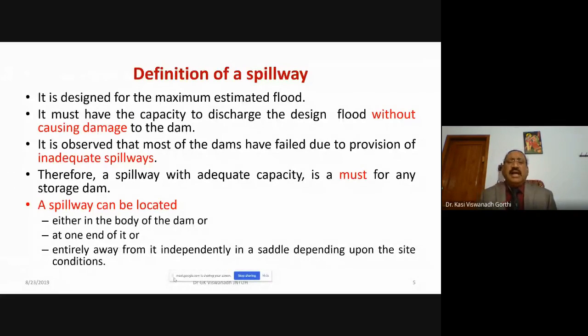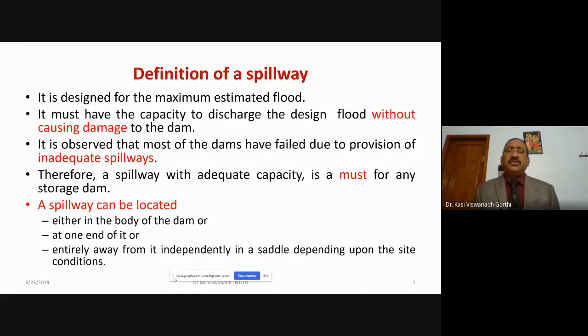So a rough estimate can always be taken up by studies based on the past history of the flood in that area, because as a water resources engineer, we always presume that there will be reoccurrence of the events. Say a maximum flood event occurred once during the last 50 years.